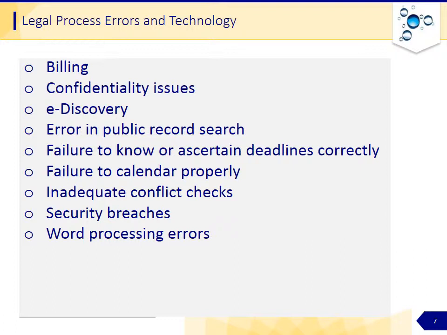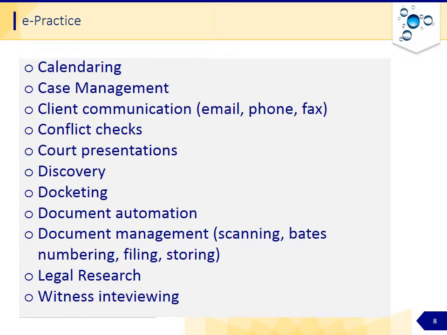These are common errors across the board, based on complaints and research on repeat errors within law firms and legal organizations overall, from studies done by malpractice insurance providers and bar associations.